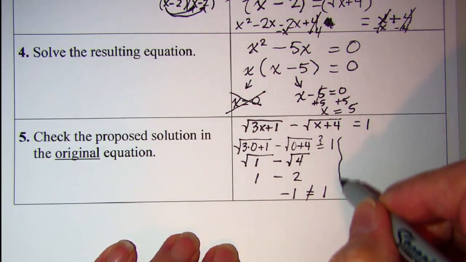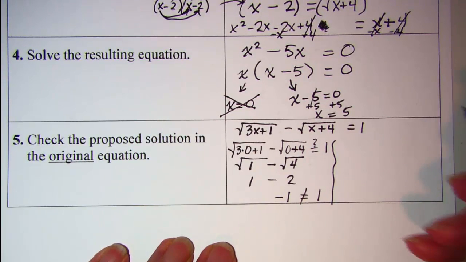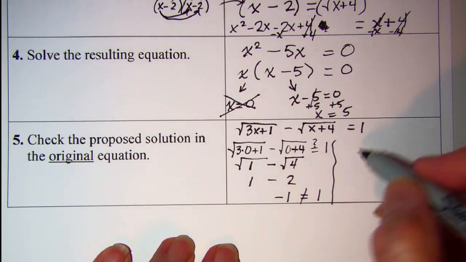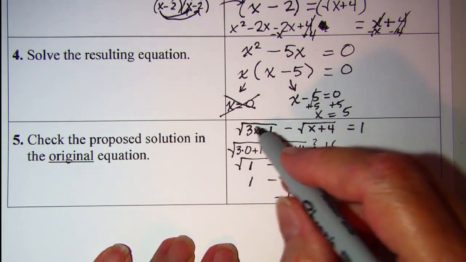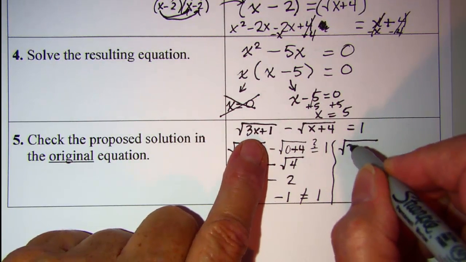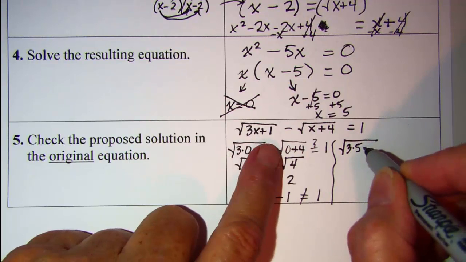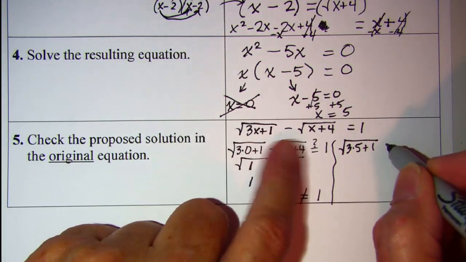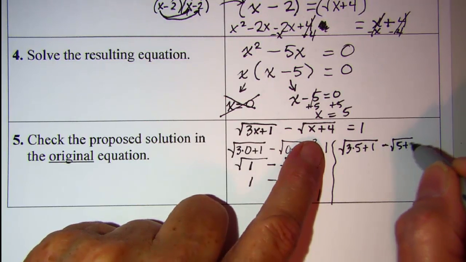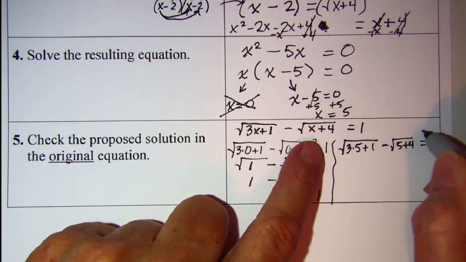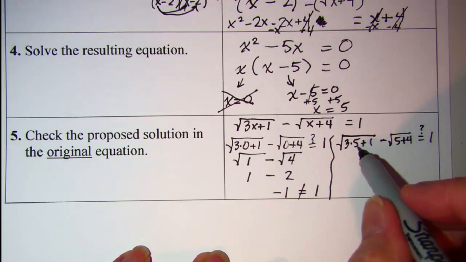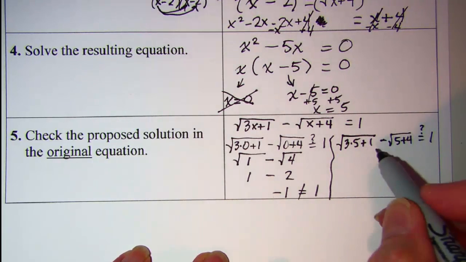Now let's check x equal 5, and you do need to check both because sometimes neither one of them work. We're putting our 5 into this equation, so we have square root of 3 times 5 plus 1 minus square root of 5 plus 4, and we want to know if that's equal to 1. 3 times 5 is 15, plus 1 is 16.